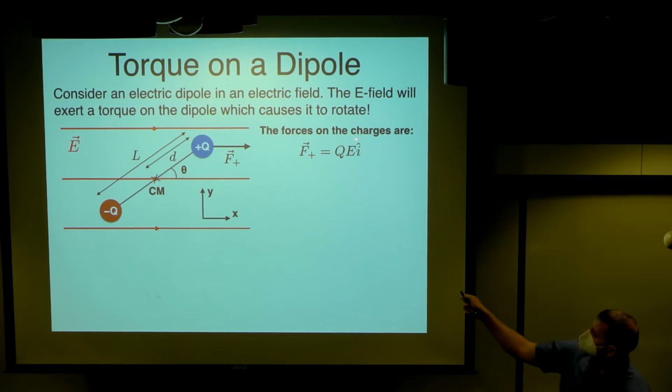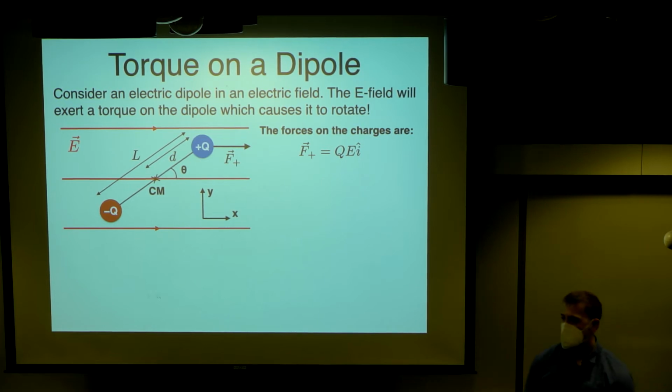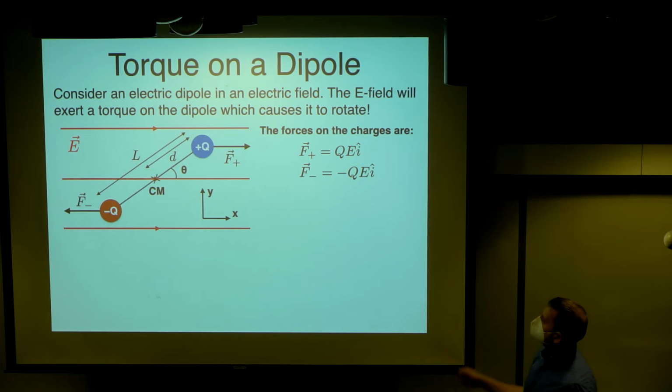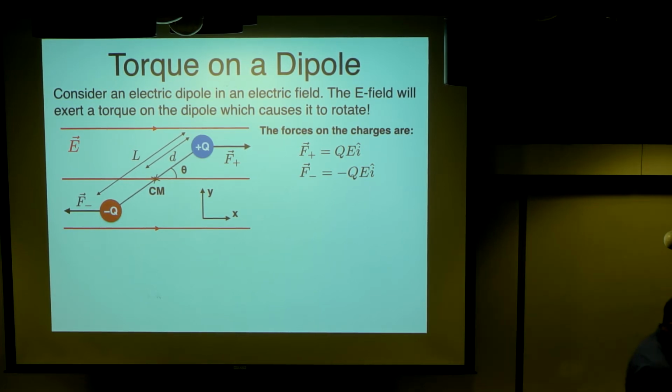And it's going in the positive x direction, so there's an i hat unit vector on top of that, right? For F minus, the force on the negative end of the dipole, that's going to be minus Q times E, and that's also picking up an i hat unit vector because it's going in the negative x direction. Okay? Good, are we good so far on this?